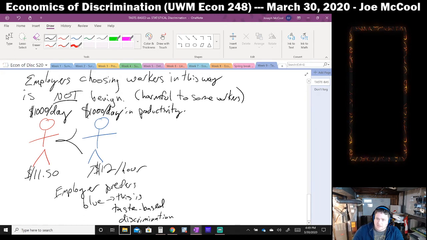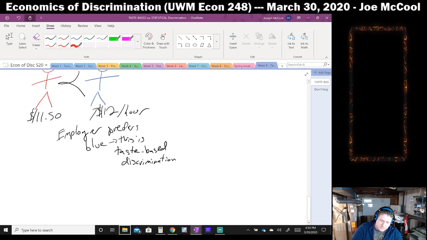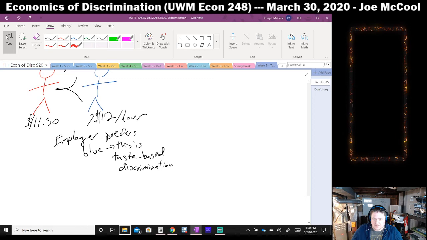The white workers were only willing to work for $12 an hour, so we took as many of them as we could at $12 an hour, and then we hired black workers at $11.50 an hour, because the white workers don't want to work for that little, and the black workers are having to take the lower paying jobs because of this taste-based discrimination, right? So the threshold of how much money they're willing to accept is lower because of this discrimination.